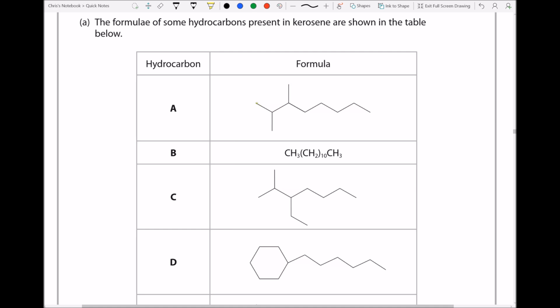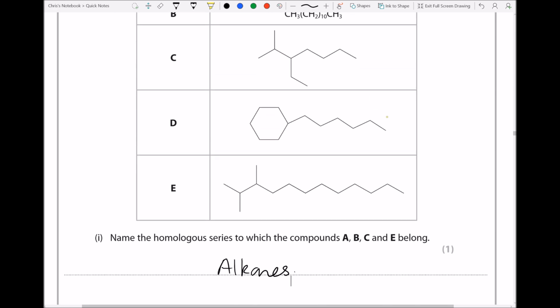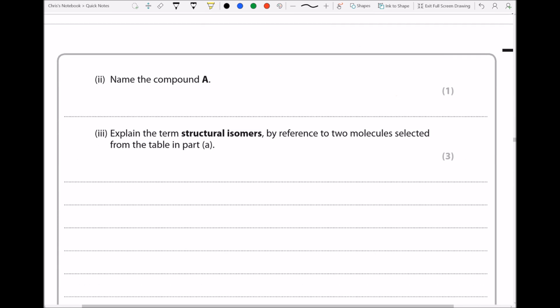So this should be 2,3-dimethyloctane. We've got to make sure we use the right terminology, so it's 2,3 dash dimethyl. Don't forget the di bit. Okay, so dimethyloctane. That gets you 1 mark.